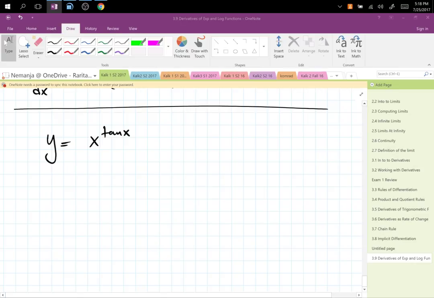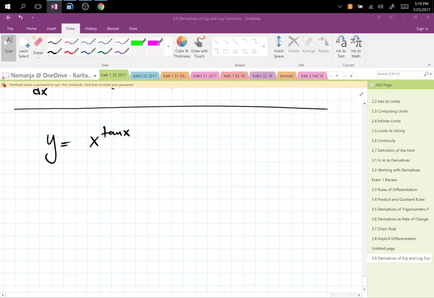Oh yeah, that's it. So since you have 1 over y dy dx on this side, you can multiply both sides by y to get rid of that, and then you just copy it over to the right side. Does that make sense?